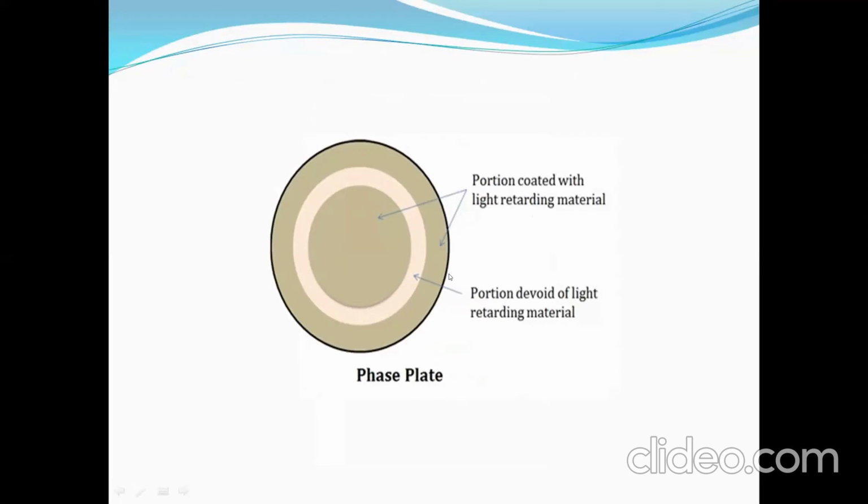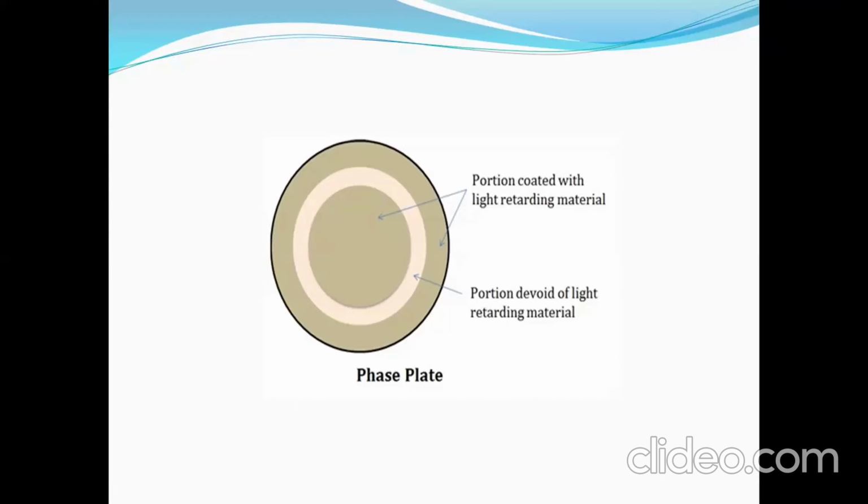Clear? So the light waves which are passing through these portions are retarded, and the light which is passing through this portion is not retarded. So by using such a phase plate, we can change the phase of light. Some light rays may be totally out of phase, some may be slightly out of phase, and in this way we get a change in the phase of light which creates the contrast.